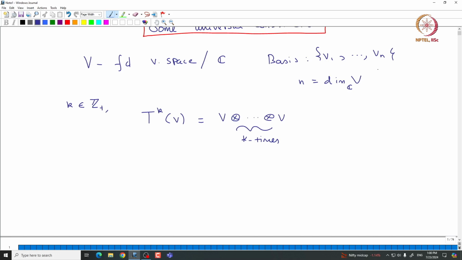Once we fix the basis V1 etc. Vn of V, then it is not that hard to see we have this standard basis V_i1 tensor etc. V_ik, where i1 etc. ik come from 1 to n.